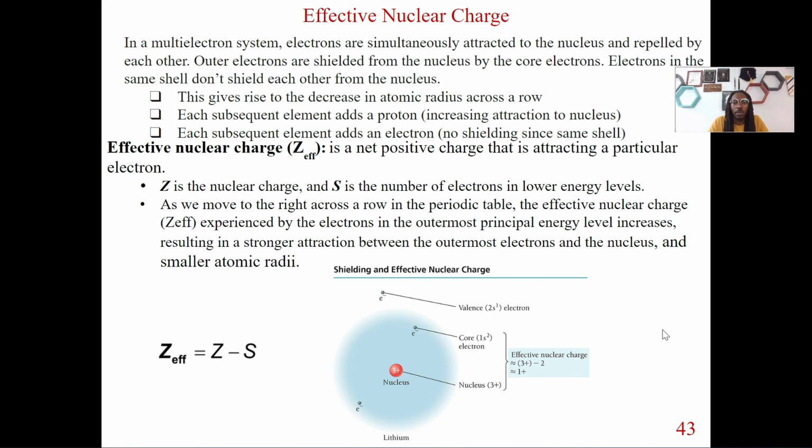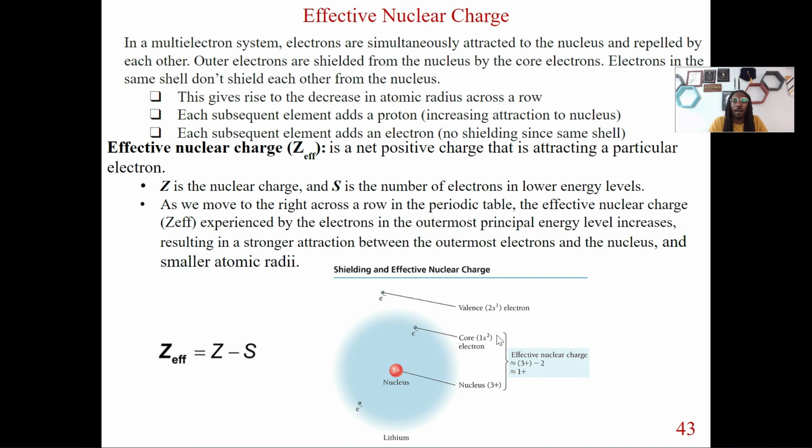If we look at this quick example, say we've got a +3 charge in our nucleus, we've got our core electrons in our 1s2 orbital shell, and then we've got our one valence electron in the outermost shell here. So we've got our 1s2 and our valence 2s1.